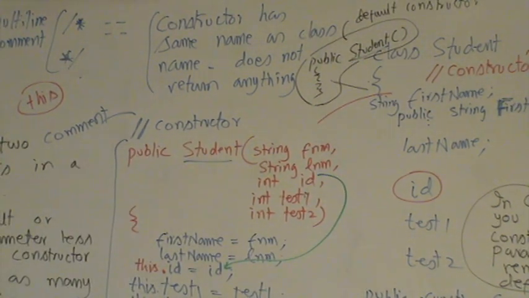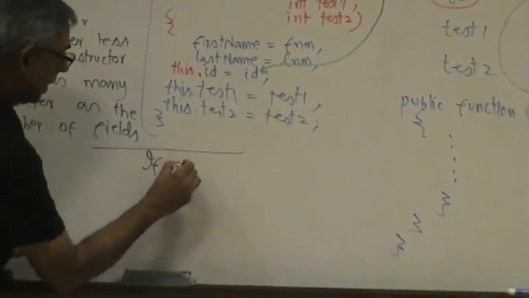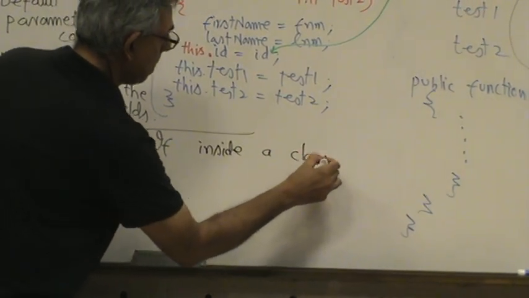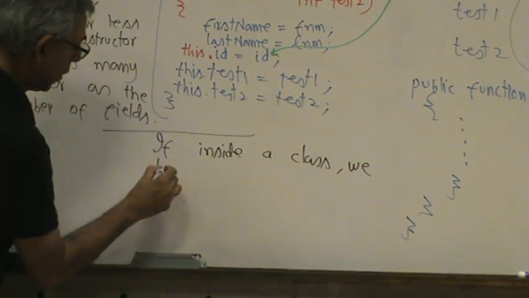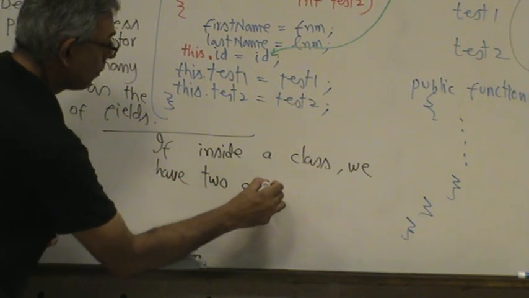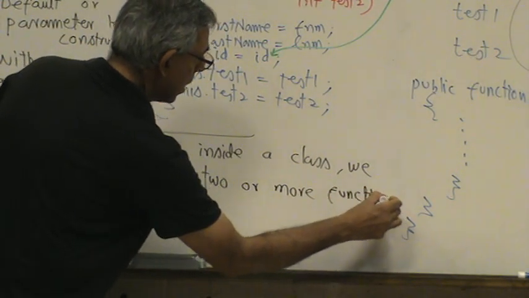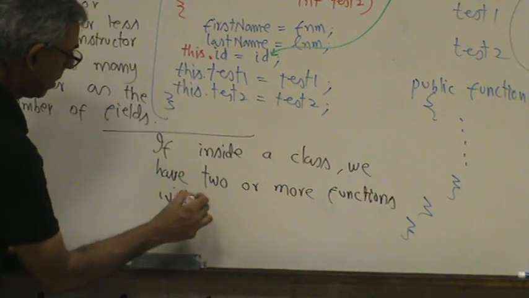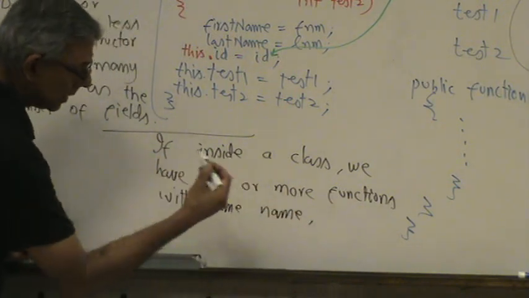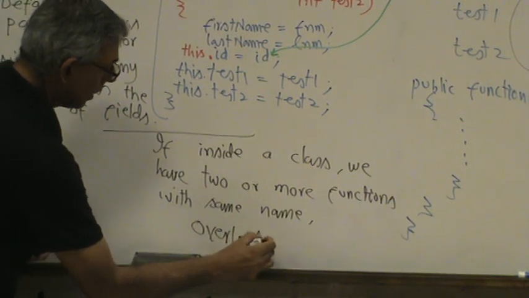So anytime we have two or more functions with the same name inside our class, this concept is called overloading a function.